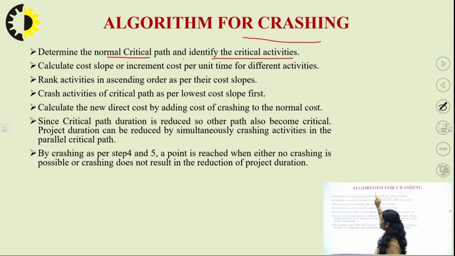So in project crashing also, we find the normal critical path, identify the critical activities, and after that we calculate the cost slope, or the incremental cost per unit time, for different activities.